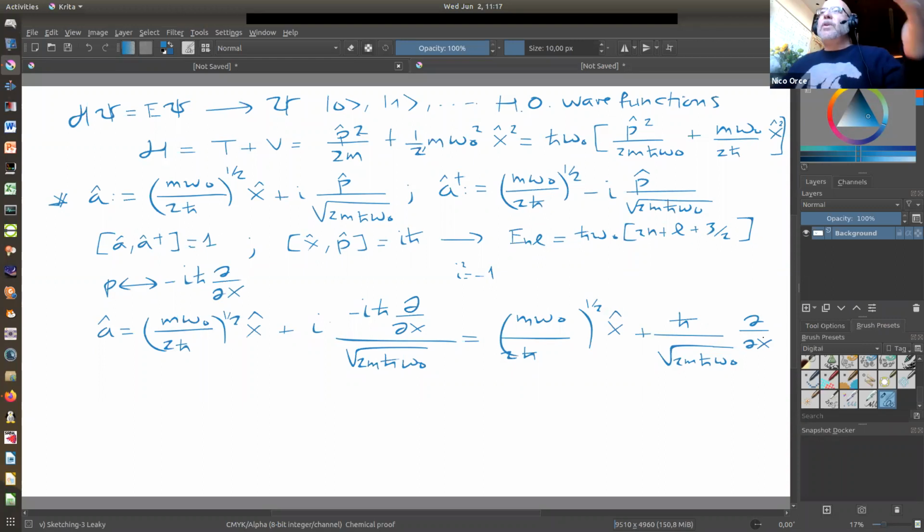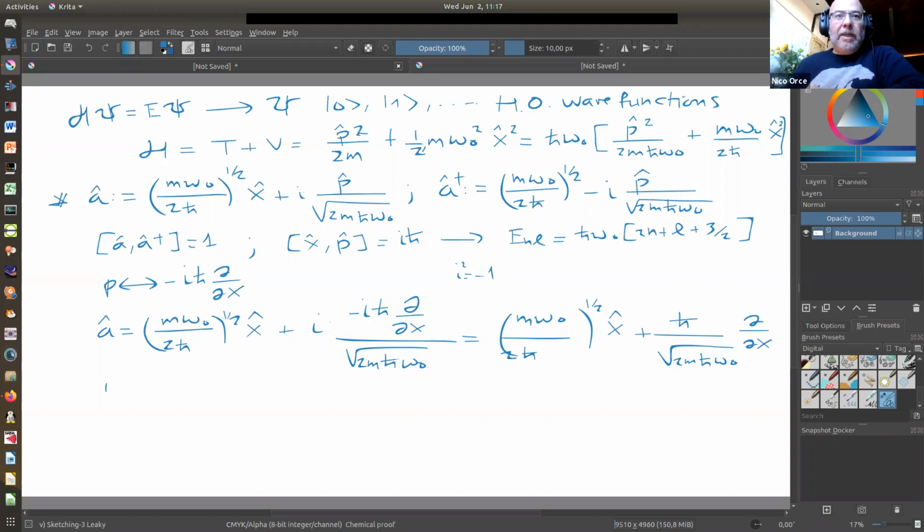We're going to try to simplify the definition of the creation and annihilation operators A and A dagger by doing this little bit of mathematics. Let me warm up my hands. We are going to make a change of variable.